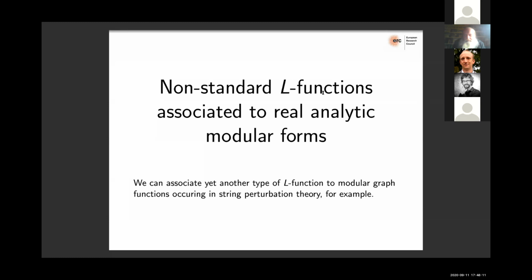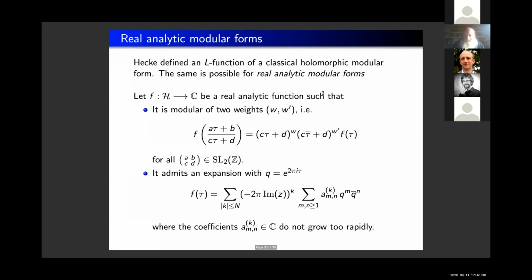And the relevance to this conference is that you could take a modular graph function that occurs in genus 1 string perturbation theory, about which we've heard many talks. Or you could take a modular graph form, and that's going to give you an L function. Okay, so let's do it.